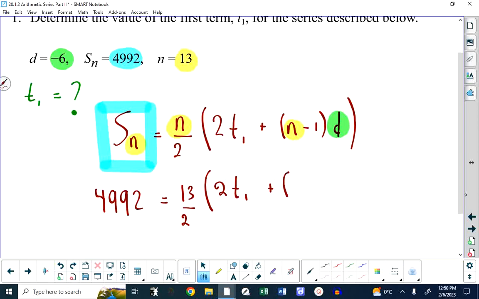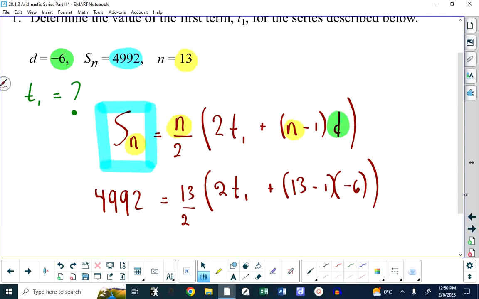But I'll put 13 minus 1, and then -6, and again, that -6 is in brackets. So how do you solve an equation? What I'm going to talk about now is not for this equation, but for all equations. Your first step is to simplify, and what I mean by that is write things simpler than they are written.